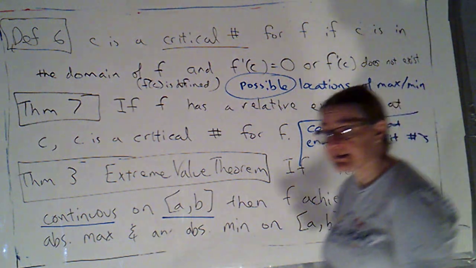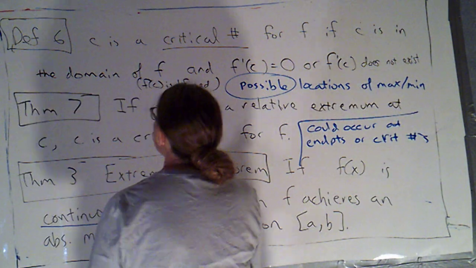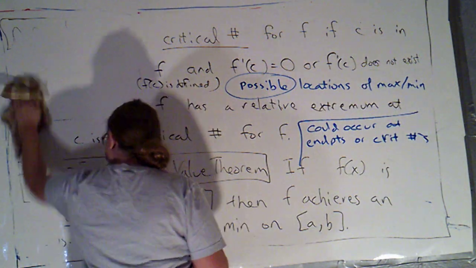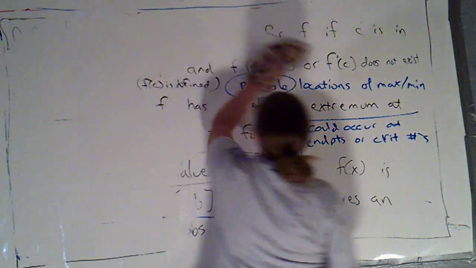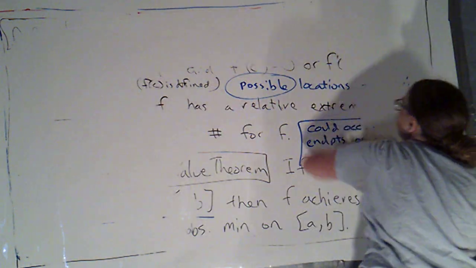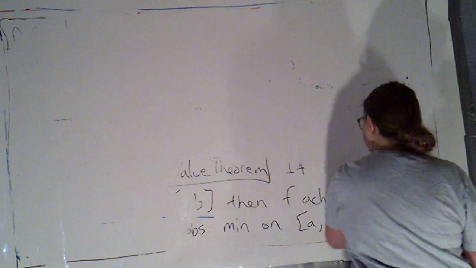So let's take a look at an example and see how we can use this fact to actually find the location and the value of an absolute max and min.